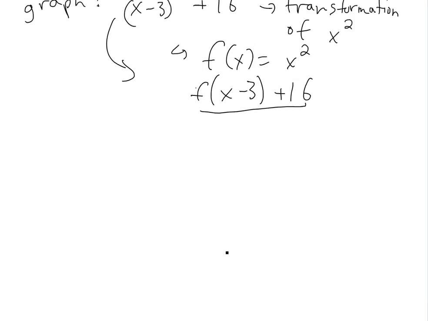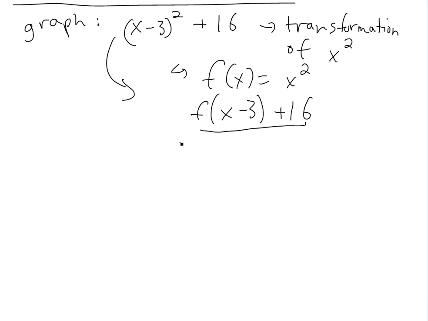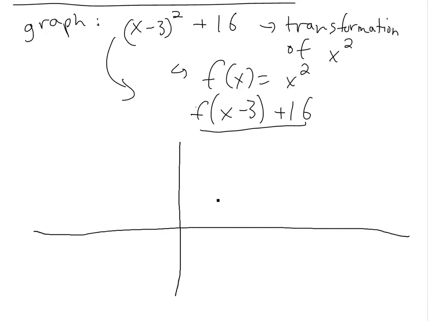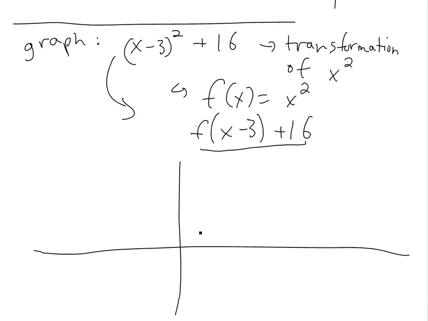If we were to graph this one, it's very easy. It looks complicated, but it's very easy. You shift 16 up, all the way up. Say this is 16. This is y, and this is x.